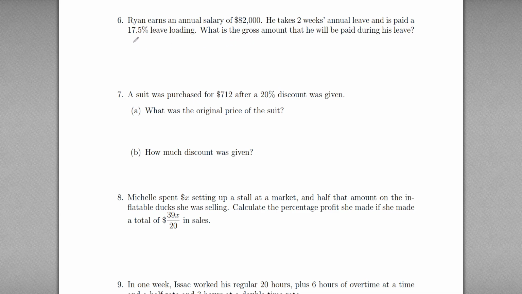So we remember that there's 52 weeks in a year, which means to work out his weekly salary, his weekly pay will be 82,000 chopped into 52 bits, so divided by 52. So what's that going to be? Let me just check. It's going to be 1576.92.